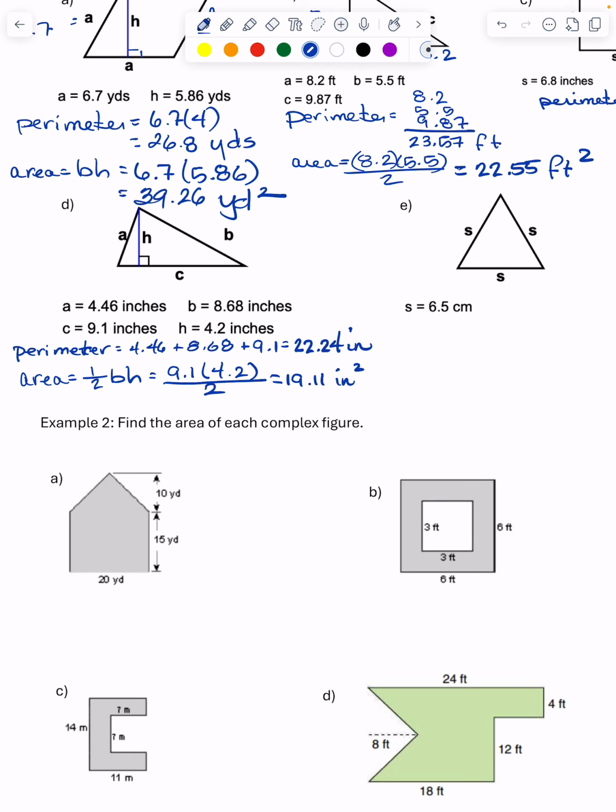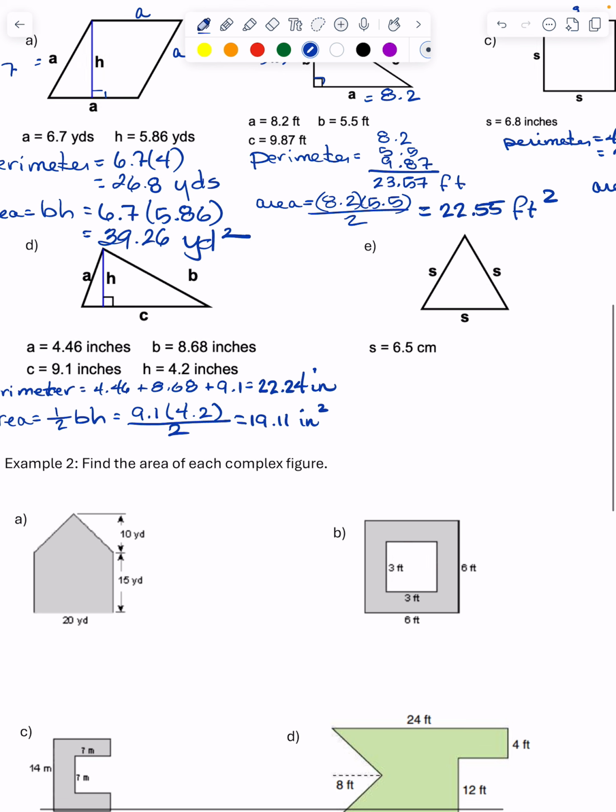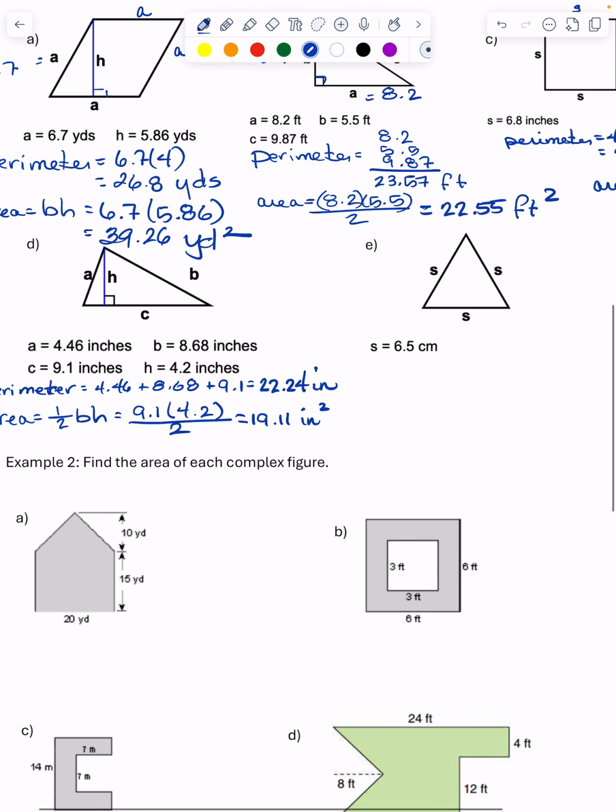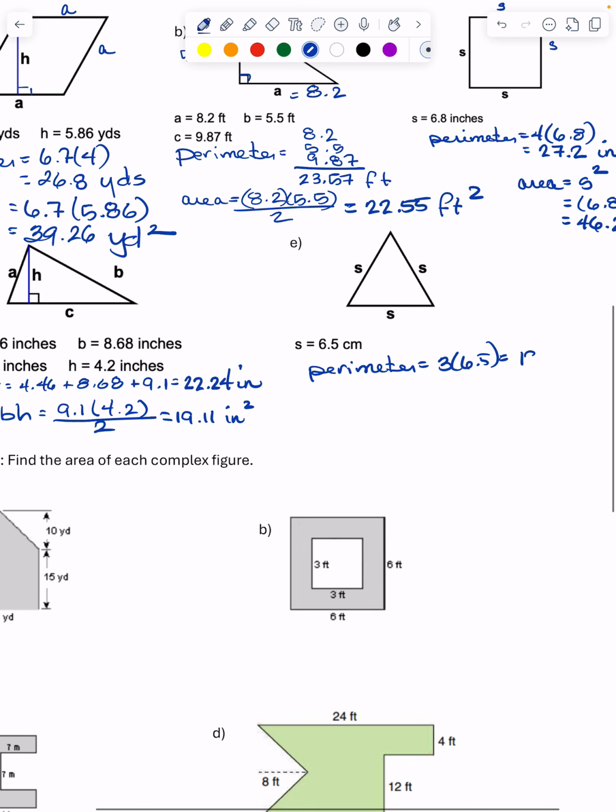Again, inches squared. Our last one, perimeter, is pretty straightforward. I've got 3 sides that are the same length. So 3 times 6.5, and we get 19.5 centimeters.